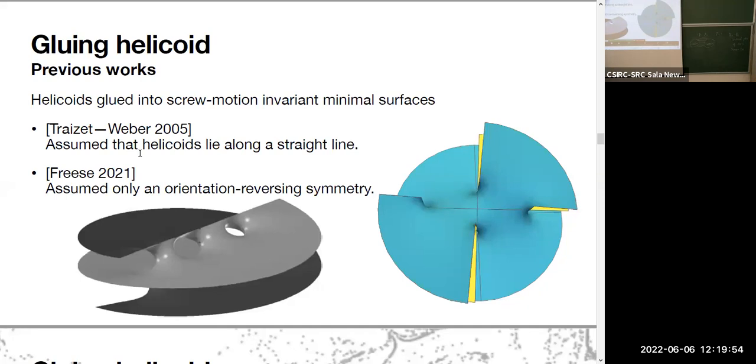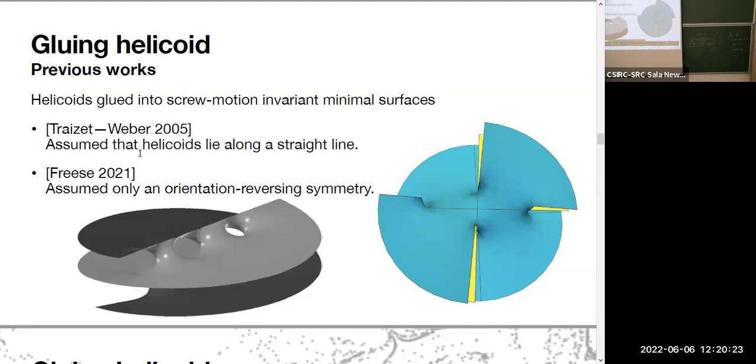The difficulty in this gluing is that in these 2 papers, they were considering screw minimal surfaces that are invariant under screw symmetry. Screw symmetry means that you move a little bit and rotate a little bit, where the direction of translation is perpendicular to the plane of rotation.